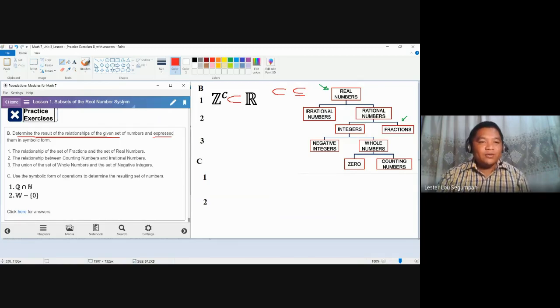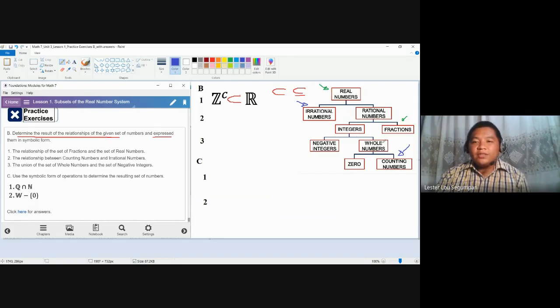Number two, the relationship between the counting numbers and the irrational numbers. Looking at the family tree of real numbers, counting numbers are a subset of whole numbers.